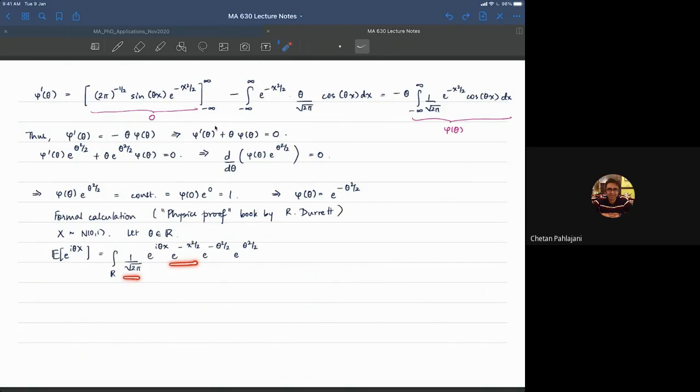Then my integrand is e to the i theta x. And then I'll multiply by e to the minus theta squared over 2 and e to the theta squared over 2, so that's just keeping the value the same, dx.